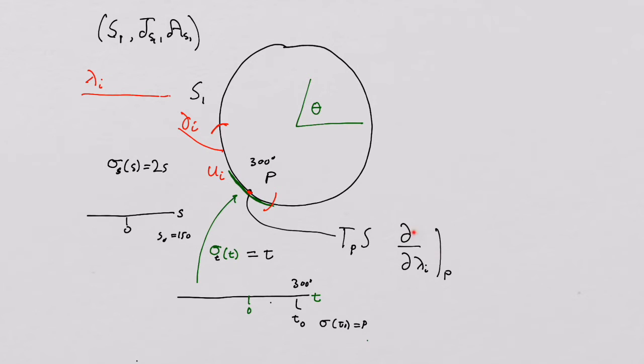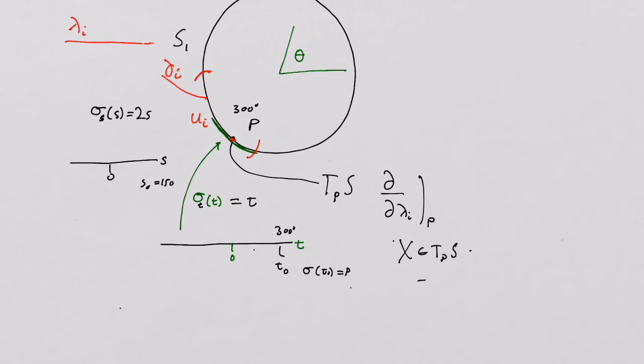But this is ultimately the basis of the tangent space at P. So any member of the tangent space at P, if X is a vector element of the tangent space at P, then we can describe it completely with components, these contravariant components, times del by del lambda I.